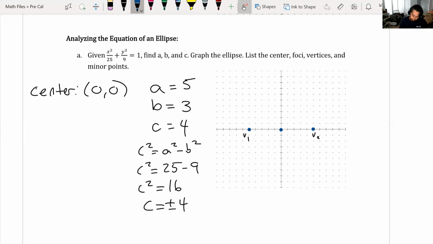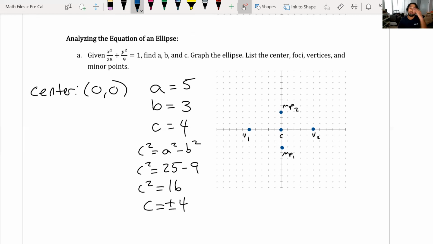And then for the minor points, we will go up 3, down 3 from the center. Up 3, down 3. And there's MP1, MP2. And of course, this is the center.